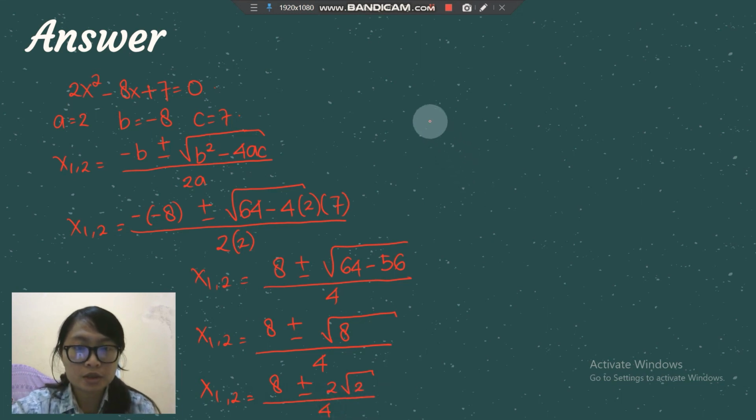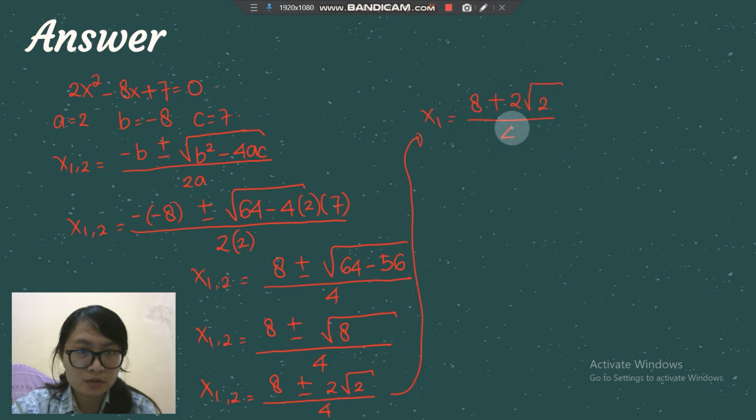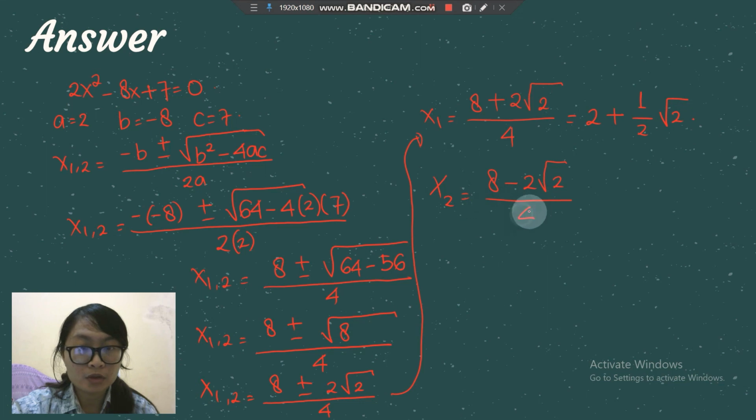So we can get the roots. x1 equals 8 plus 2 square root of 2 divided by 4, which gives 2 plus 1/2 square root of 2, and x2 equals 8 minus 2 square root of 2 divided by 4, which equals 2 minus 1/2 square root of 2.